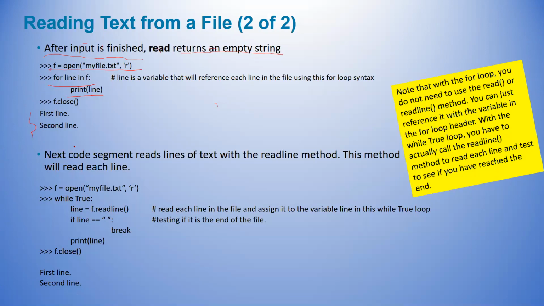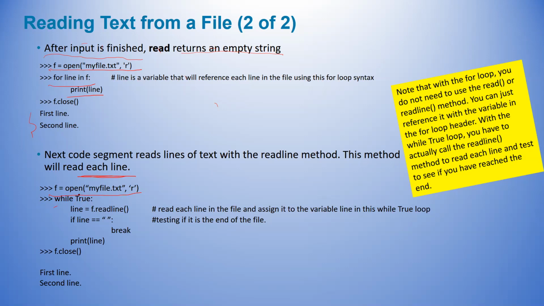Okay, now let's look at this way. The next code segment reads lines of text with the readline method. This method will read each line, not the whole file, but one line at a time. So we open it once again, and because you are reading line by line, you don't know how many lines are there. So you use the while True loop, right?